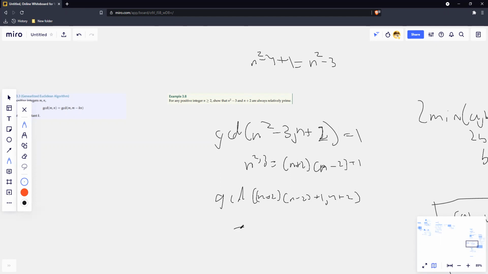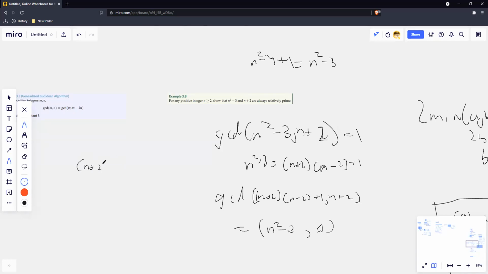Okay, and then this is equal to, well, I guess we just apply Euclidean again. N squared minus 3, that's basically this. I'm just writing this as a condensed form. Then let's let k is equal to n minus 2. Well, let's write it out actually.